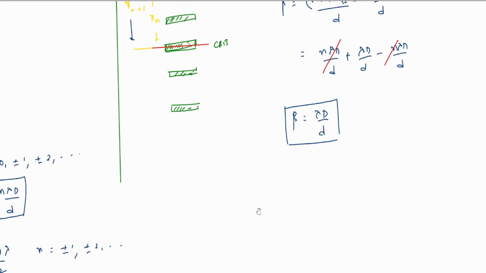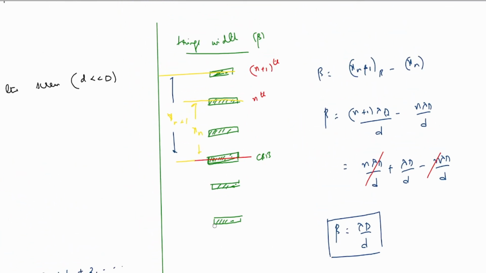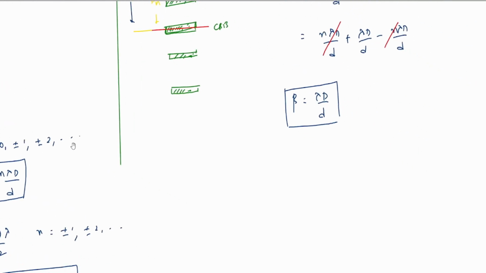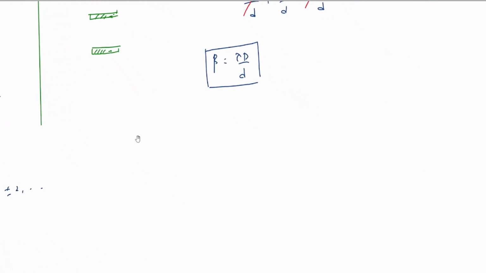This is the fringe width when the slits and screen are placed in air. Now let's find out what the fringe width is when the whole system is placed in some other medium. Imagine that the entire apparatus, that is the two slits and the screen, is placed in some other medium.